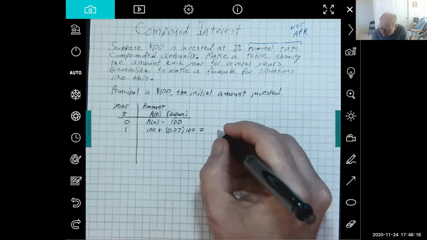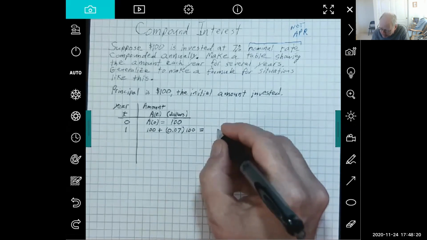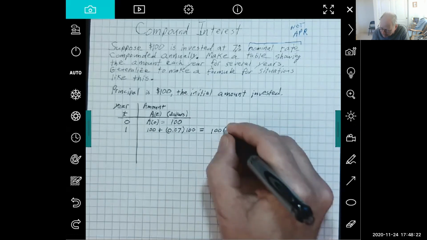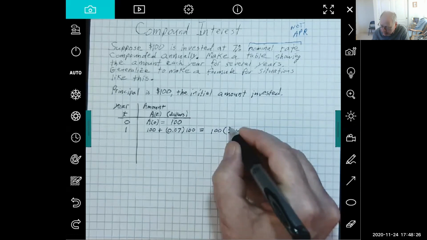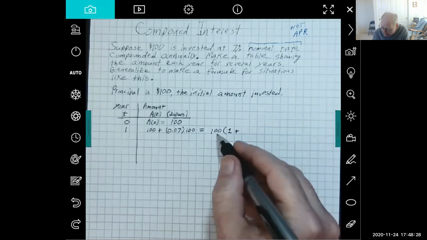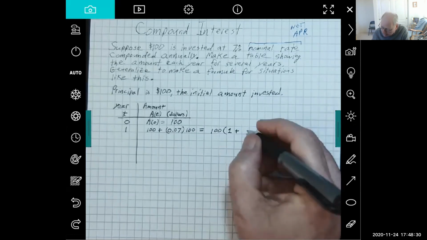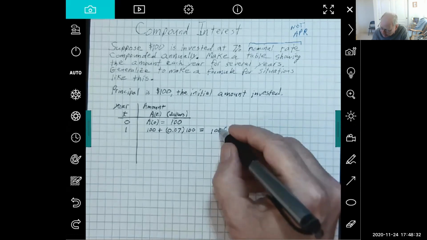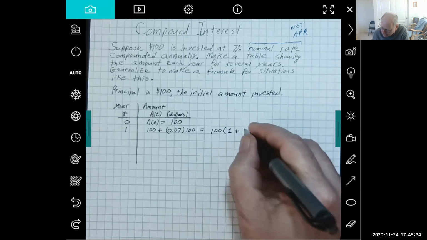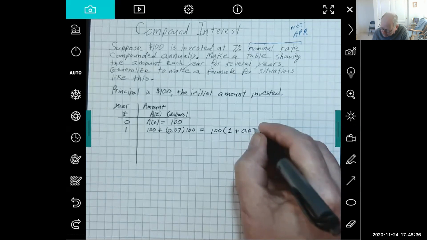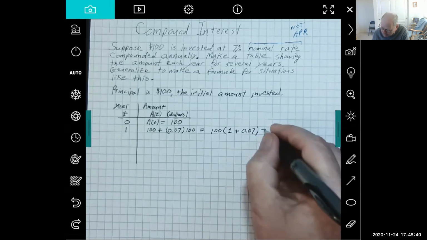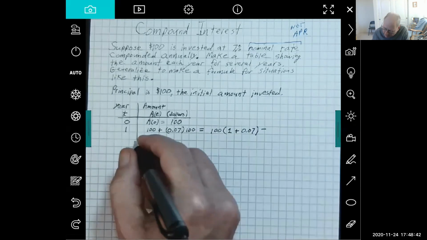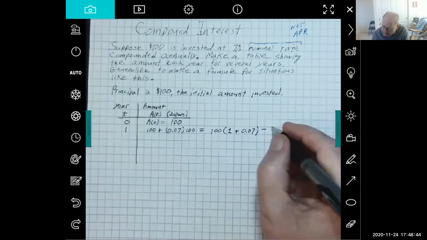You notice what I have here, it's $100 times 1, at the end of the year, I still have what I started with, plus $100 times the 0.07. Okay. So anyway, that's my $107.